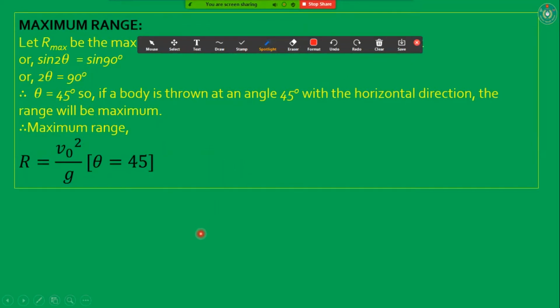Okay, my dear boys, I think I have covered all important parameters for projectile motion.